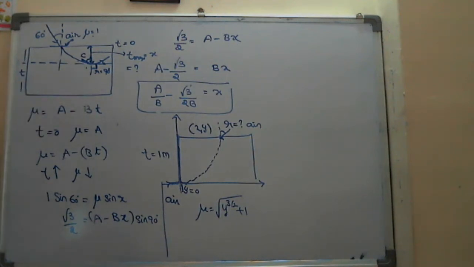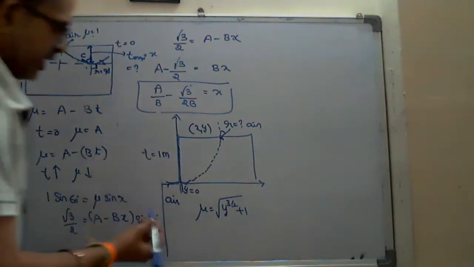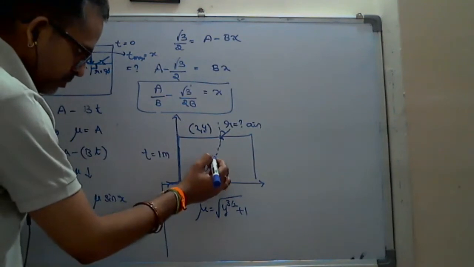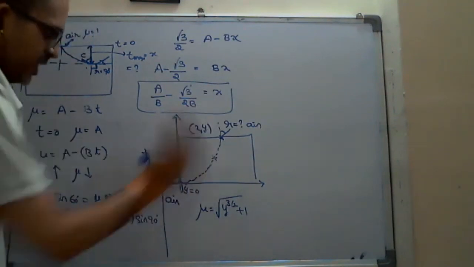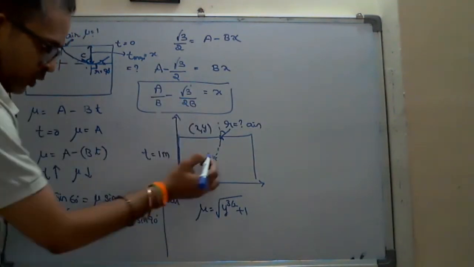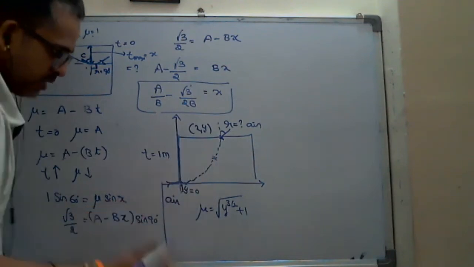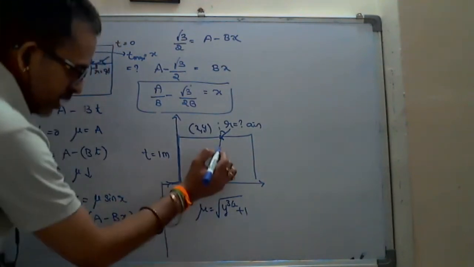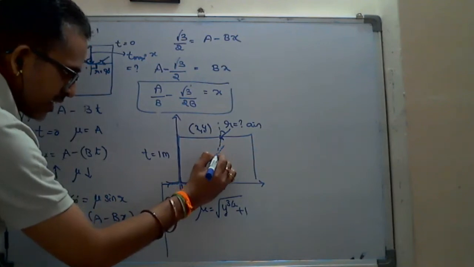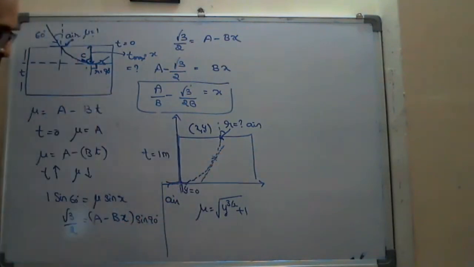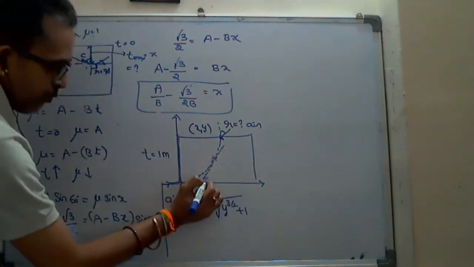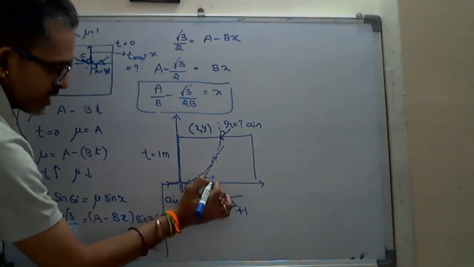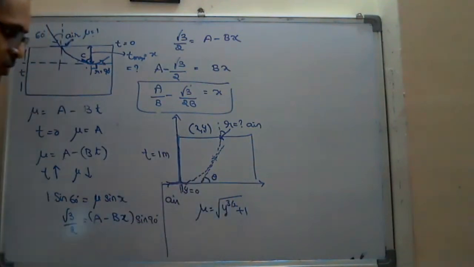To find that relation, the problem is that at some arbitrary point in its path, I don't even know the coordinates. At that point, suppose you draw a tangent. That tangent makes some angle theta with the x-axis, and using that theta you can write the slope.